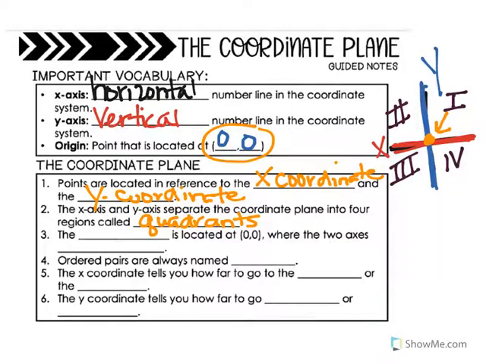You can remember how to number the quadrants if you think about the letter C. That's how they're numbered using Roman numerals, counterclockwise. So think about the letter C when you are numbering your coordinate plane to describe the quadrants.